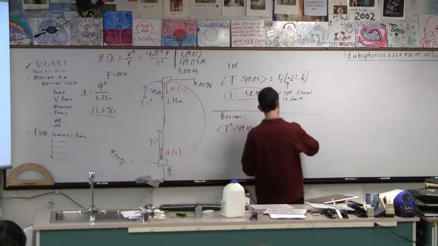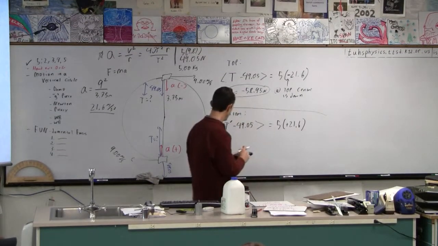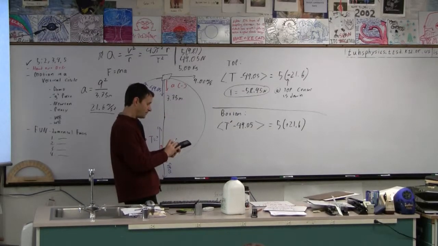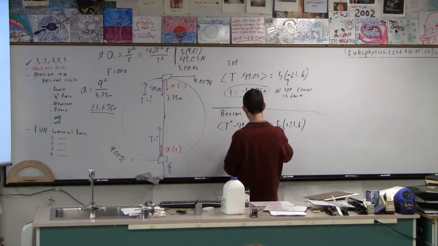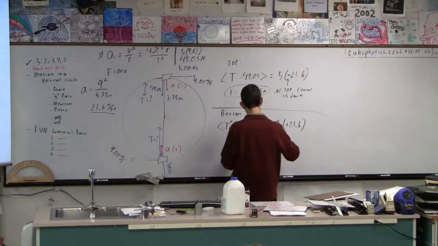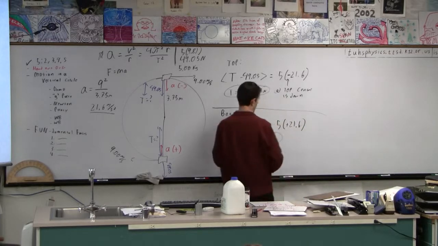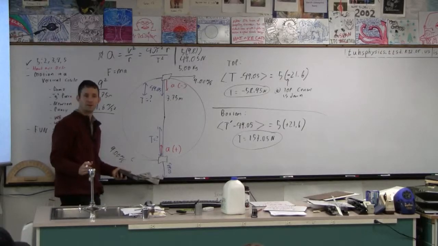So this is positive 21.6. Yeah? So 5 times 21.6 plus 49.05. And it's 157. T is, yay. Okay. So that is method number 1 for solving it.